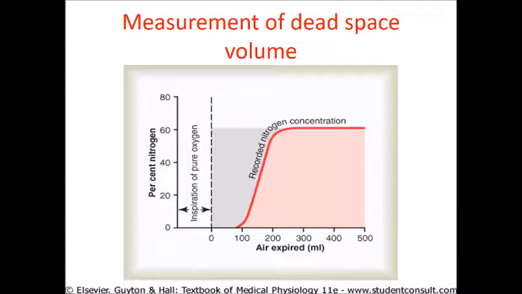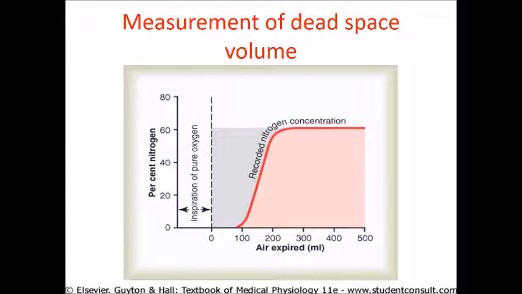This oxygen will enter the respiratory tree and fill all the conducting zone part of the respiratory tree as well as some part of the alveolar air. Now the person is asked to expire into the nitrogen meter.